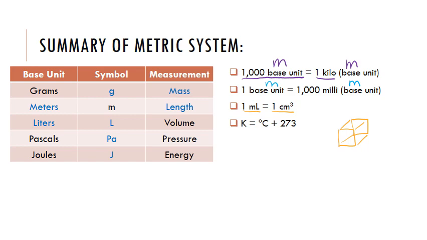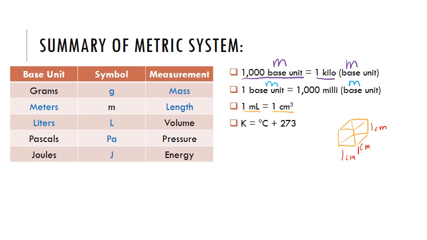And measuring the sides of it. So if I had 1 centimeter cubed, that means I have 1 centimeter of distance on each side. So 1 centimeter times 1 centimeter times 1 centimeter equals 1 centimeter cubed. So that amount of volume that little cube takes up is the same amount of volume that a milliliter would take up. They're equal to one another. So anytime we see centimeters cubed, it is the same volume in milliliters.